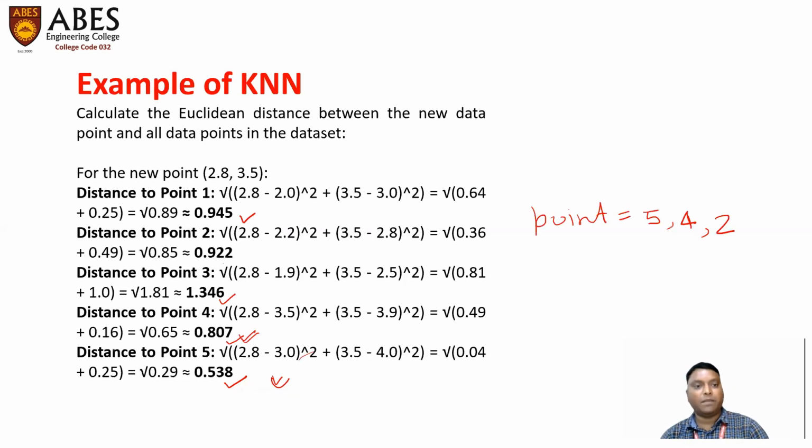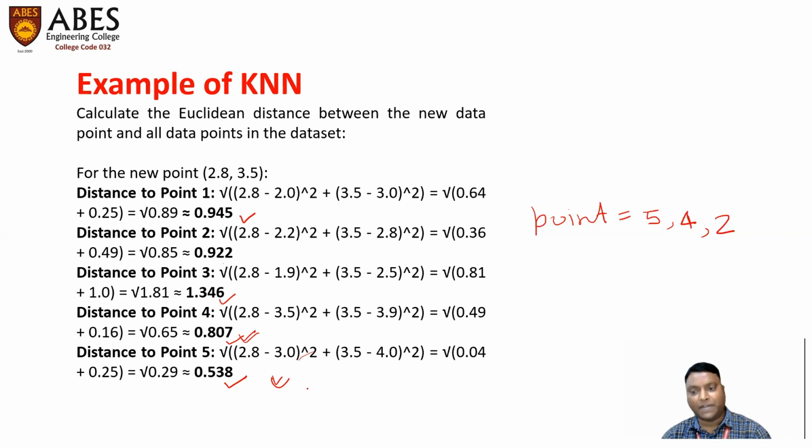Just try to remember the formula of Euclidean distance. You have to take the square root of (observed value minus actual value) squared plus (observed value minus actual value) squared, and after calculating the distances of the new data point to the given data points, you have to select the k points, as k is given here as 3. So we have selected only 3 points.